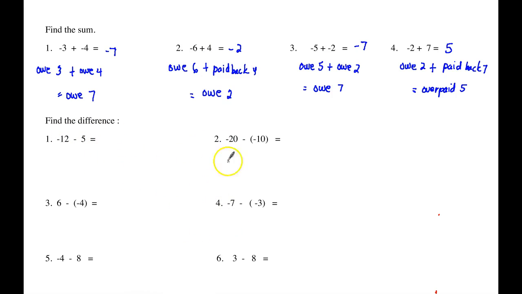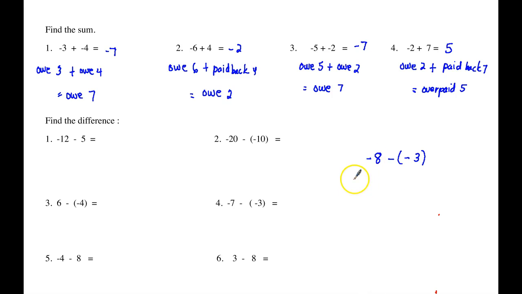But before we get started with the problems over here, I want to show you an example that will help you figure out these problems. Say, for example, you have negative 8 minus negative 3. I will translate this to a real life example.